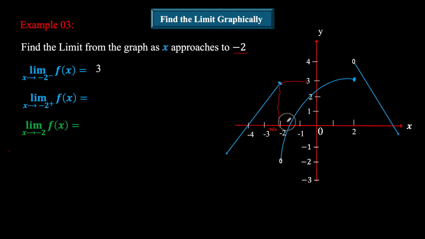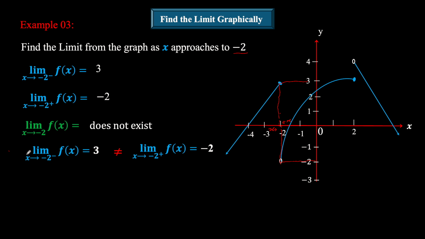Then as x approaches number minus 2 from the right side, if we go upward we don't have any number, but downward we have this point. So we move downward and we see that f of x approaches minus 2. So the limit as x approaches minus 2 from the right side, f of x is equal to minus 2. So the overall limit does not exist.